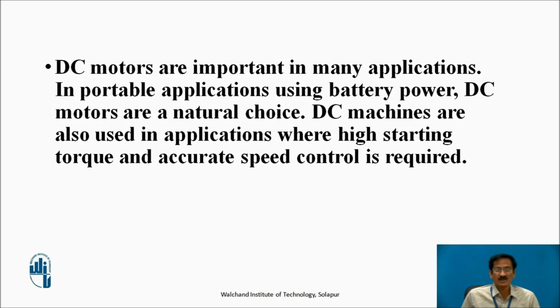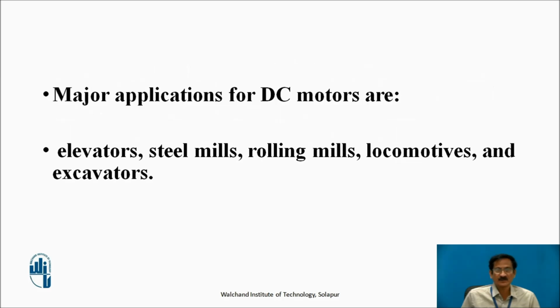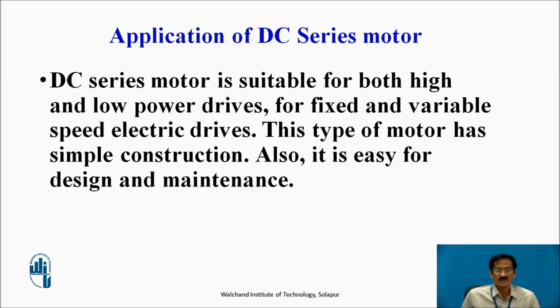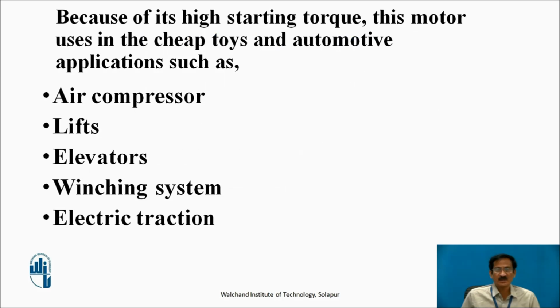DC motors are important in many applications. Major applications are elevators, steel mills, rolling mills, locomotives and excavators. The DC series motor is suitable for both high and low power drives, for fixed and variable speed electrical drives. This type of motor has simple construction and is easy to design and maintain.